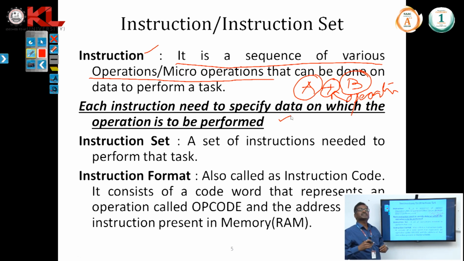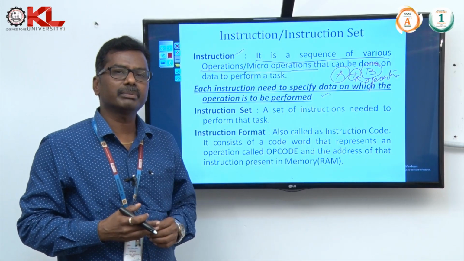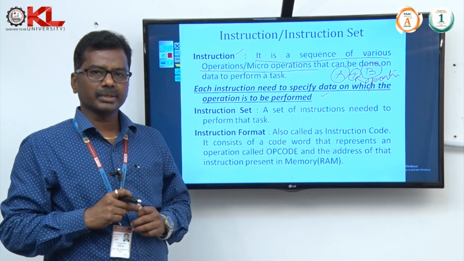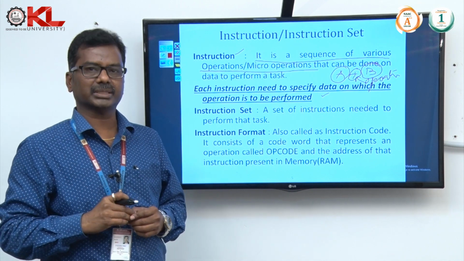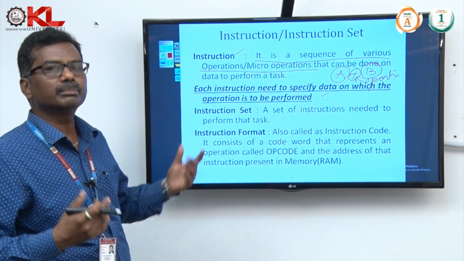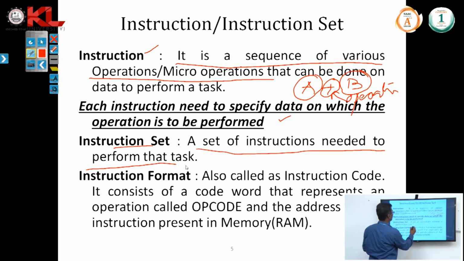Now, instruction set. Normally, to complete a particular task, a single instruction is not sufficient. You require a set of instructions to complete that task. So that's nothing but the instruction set: a set of instructions needed to perform that particular task. You cannot always expect to perform tasks in the form of single instructions.